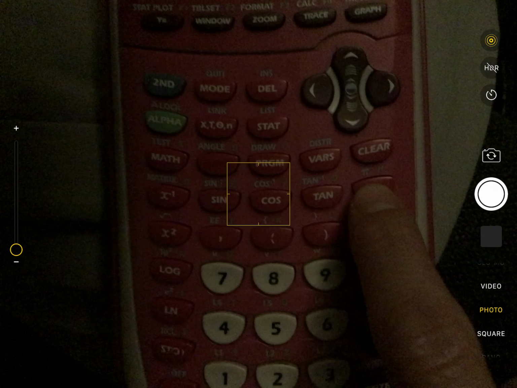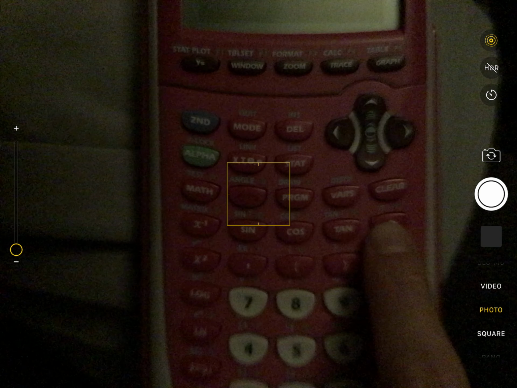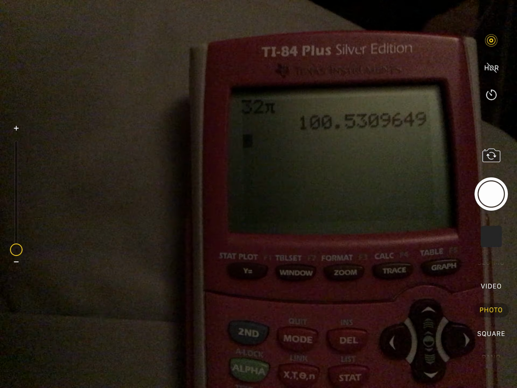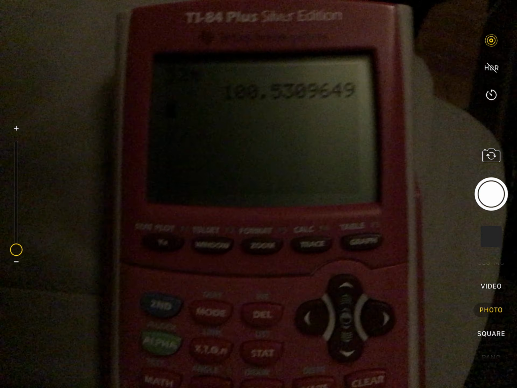On the graphing calculator, you should see a pi button here, but it's not the label on the actual button. I don't even know if it's bright enough for you to see, but mine is in this blue color, which means I need to push my second key and then that button. So you'll see that it says 32 pi, which gets me 100.5.